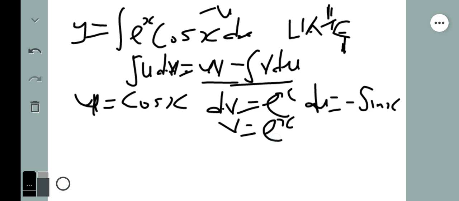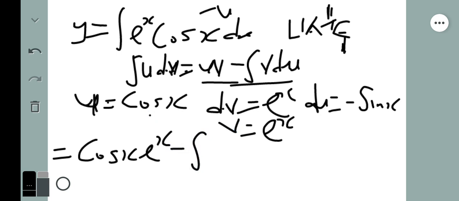We now have uv, which is cos x times exponential x, minus the integral of v, which is exponential x, times du, which is minus sine x dx.